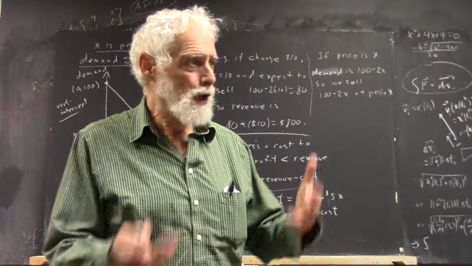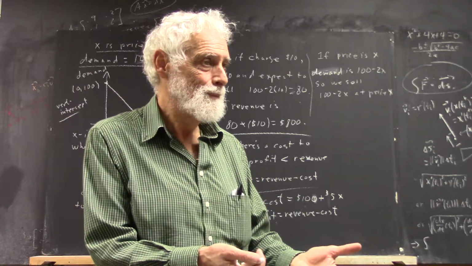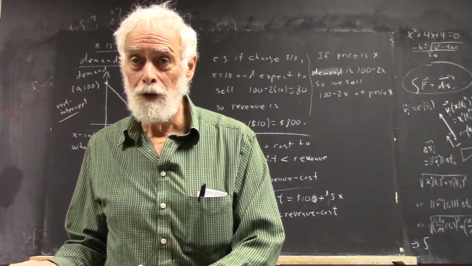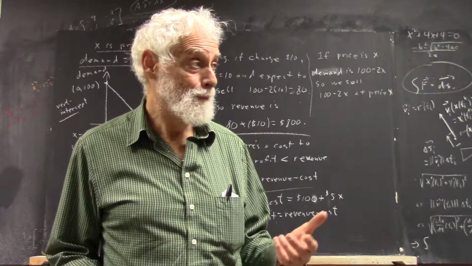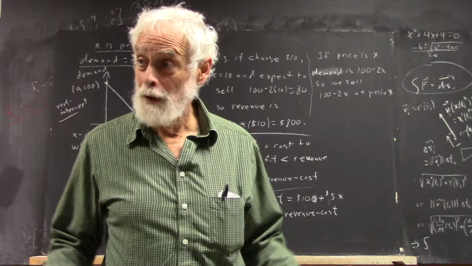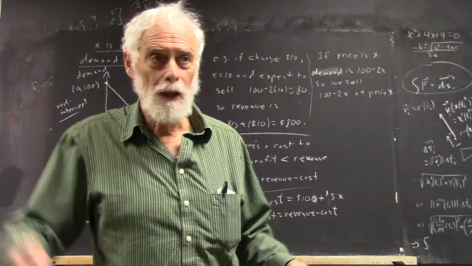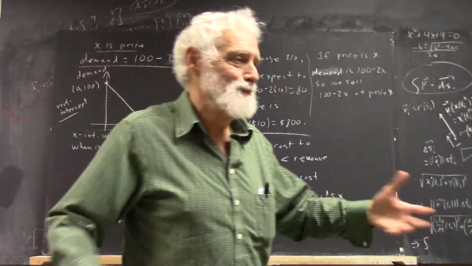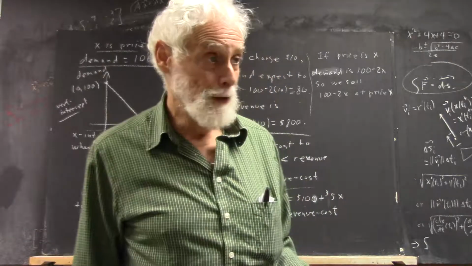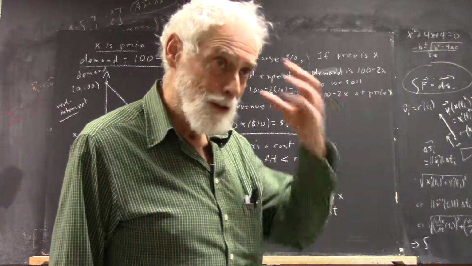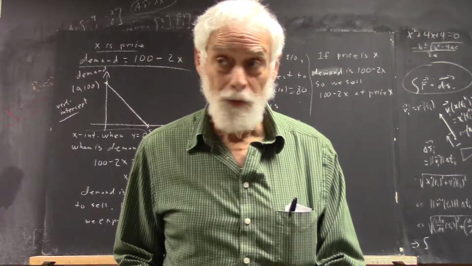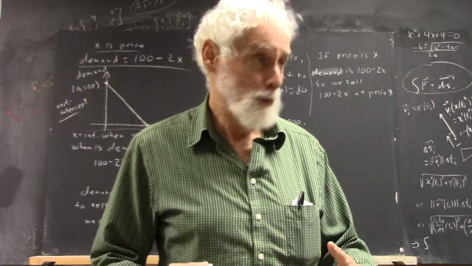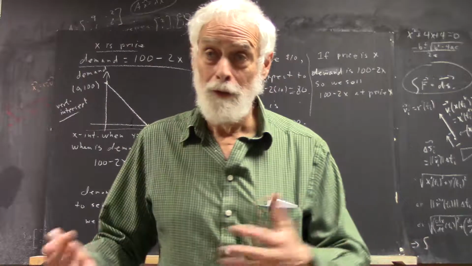If I know how many I sell and the price I'm charging, what do I do with those two quantities? Multiply. I multiply them to get my revenue, right? Now, I think you answered the ultimate question, but we wanted to get through the intermediate question. Okay? Get it in our heads that if we know how many we're selling and how much we're selling them for, we can figure out how much we're going to get by multiplying those two numbers, right?